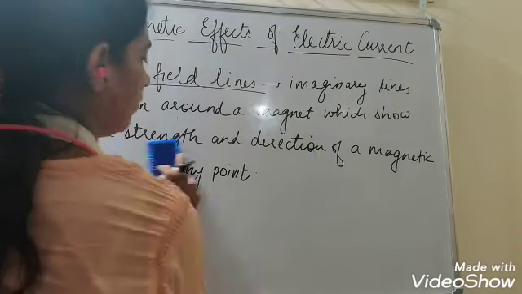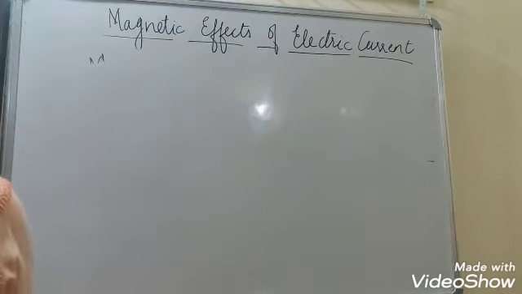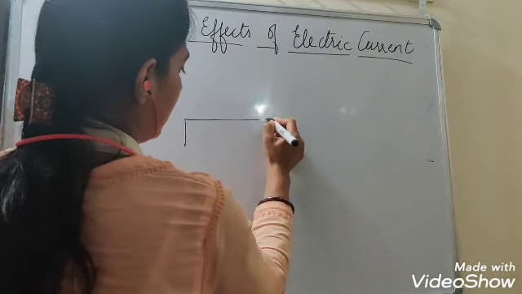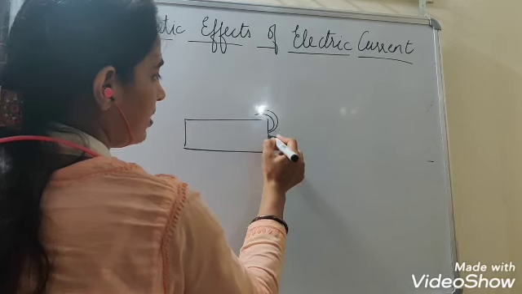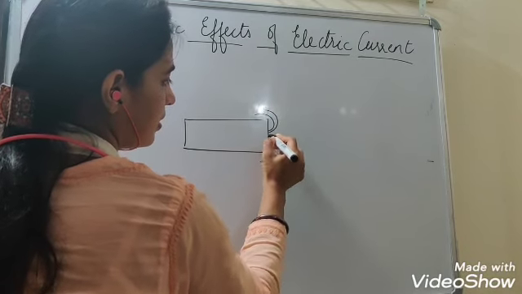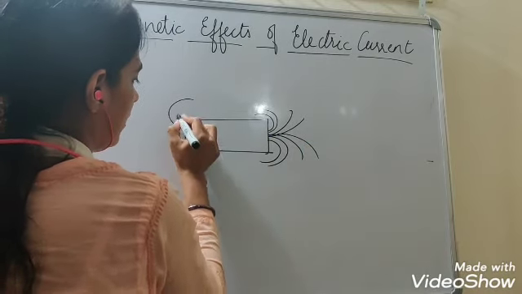Now, like we drew the magnetic field lines of a bar magnet, what did we see over there? If this is a bar magnet, we saw that the magnetic field lines were like this, very much crowded here in this place.